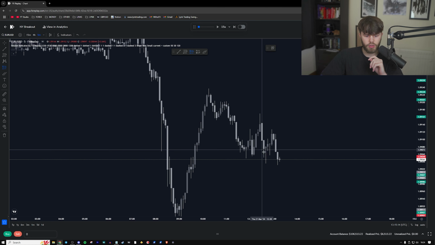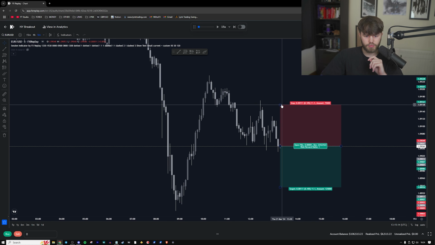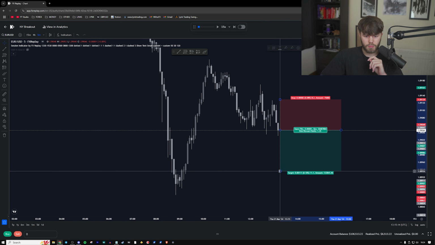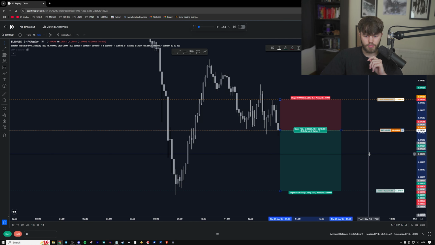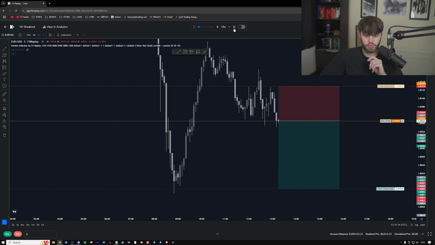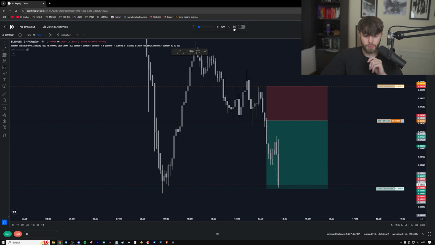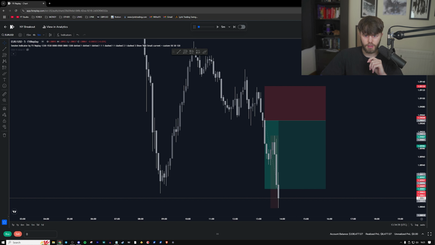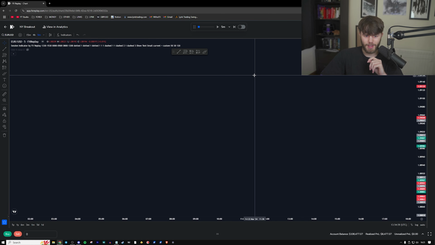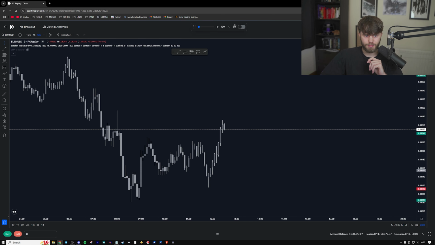There we go, so there's the break. Stop loss at 1 to 2. There we go. Then, like I said, we're going to change it to the 5 minute and see what happens on this trade. There we go, take profit hit. It's going very, very well so far. Did not expect this, to be honest.